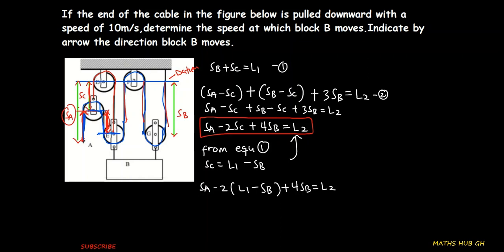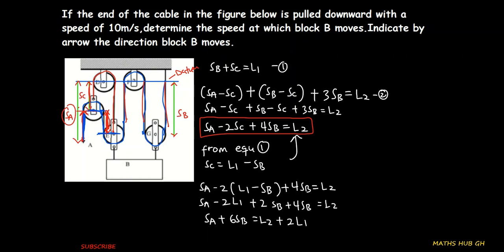So now let's simplify it by bringing the terms out of the bracket. I'm going to have SA minus 2L1 plus 2SB plus 4SB to be equal to L2. Let's simplify this. I'm going to have SA plus 6SB to be equal to L2 plus 2L1.